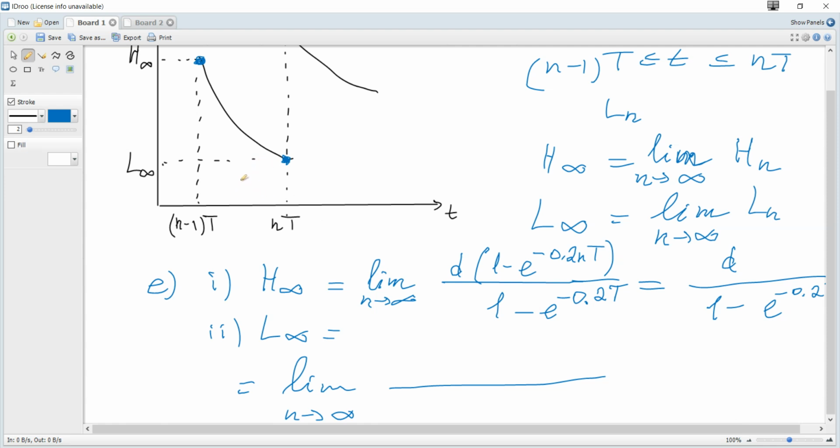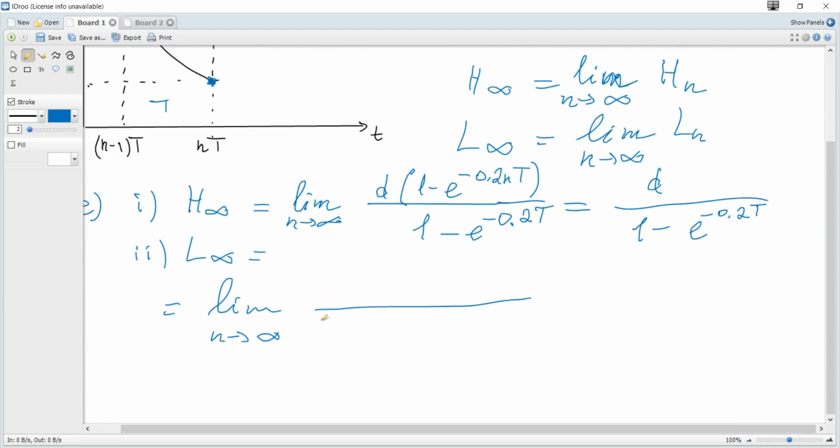This means that time interval capital T has elapsed since the nth dose was given, so the remaining amount is this, multiplied by e^(-0.2T).